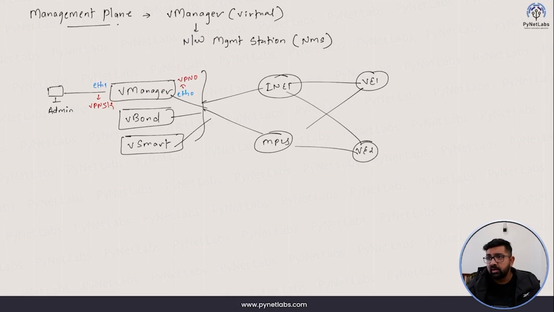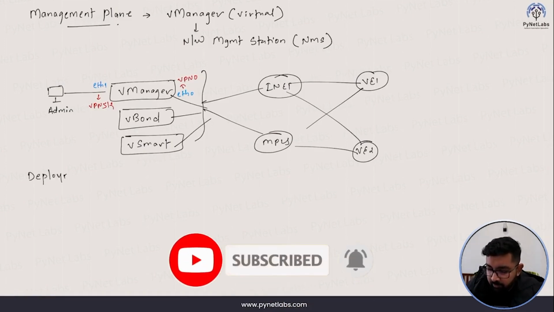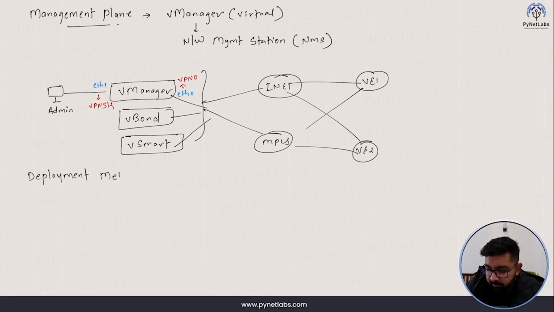Post that, the vManager is also highly scalable depending on the needs of the environment, right? You can either deploy your vManager in standalone mode or you can deploy it in cluster mode.